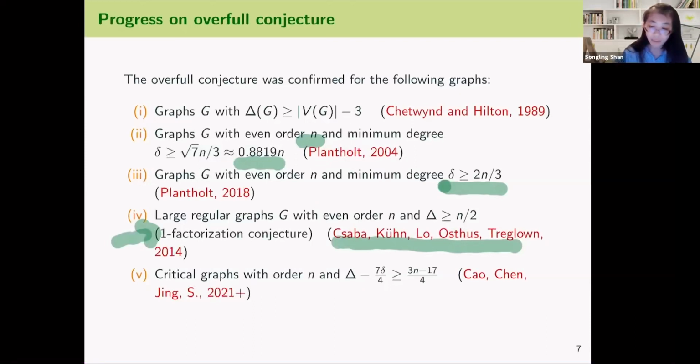And for the other direction, we are looking for the difference between the maximum degree and the minimum degree to be big. This is a joint work with Cao, Chen, Jing. We showed that if the difference between the maximum degree and minimum degree is big, and the graph is critical, then such graphs are themselves overfull.